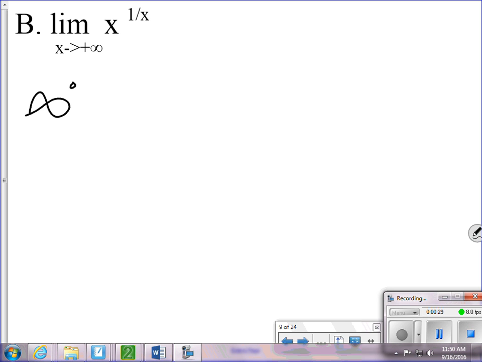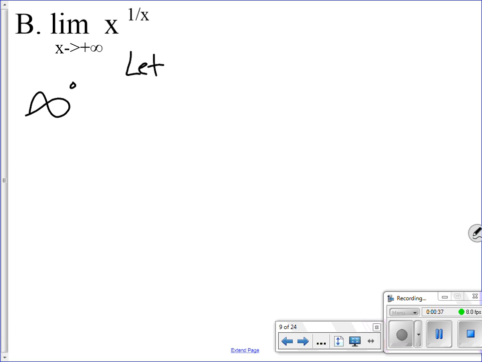And then the limit of the original will equal e to that limit. So we're going to let L equal the limit of the natural log of x to the 1 over x.